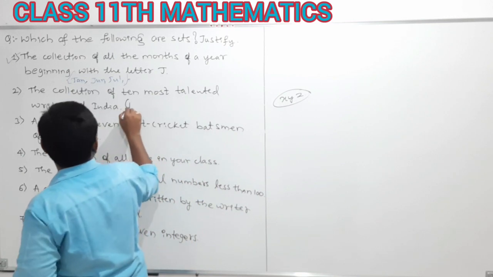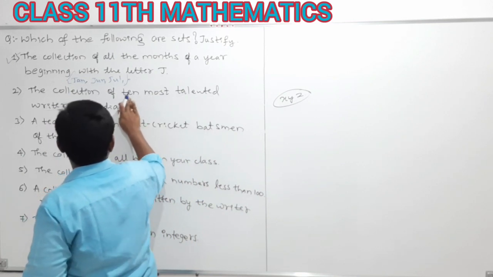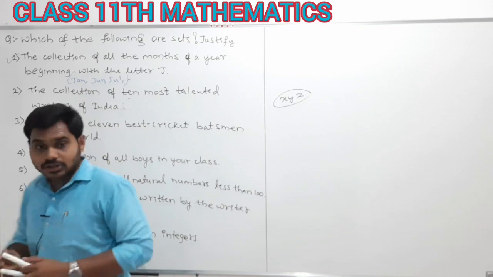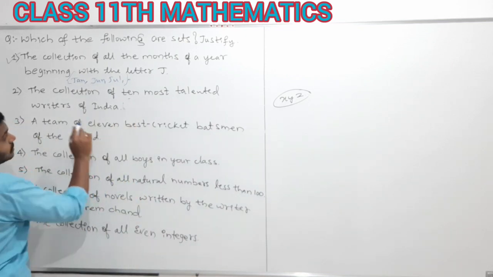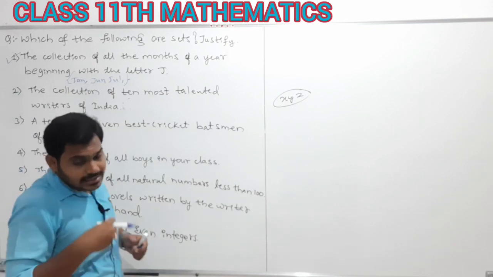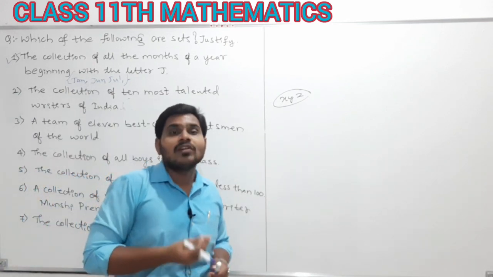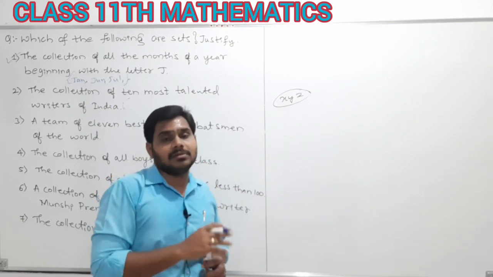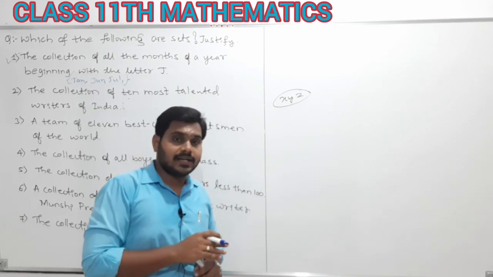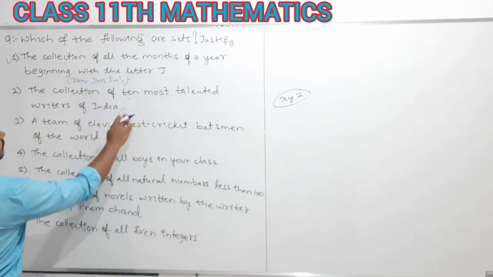It is not a set, because here they are telling the 10 most talented writers. So 10 most talented depends on a person's mentality. I select 10 members, but you may select different ones. So therefore this is not well defined, my dear students.